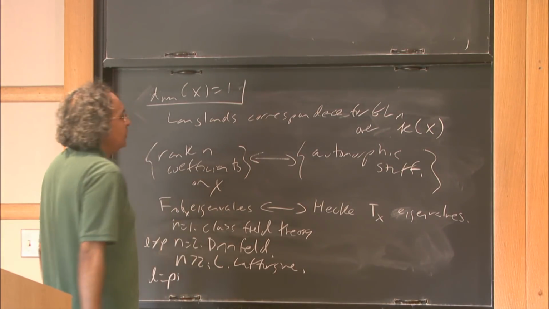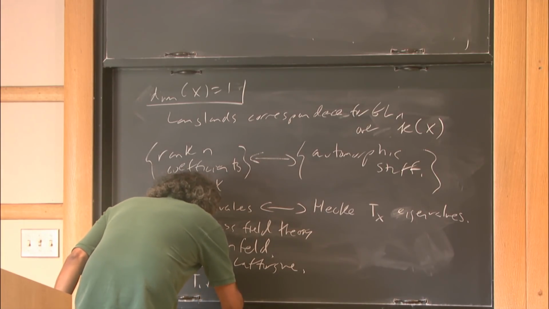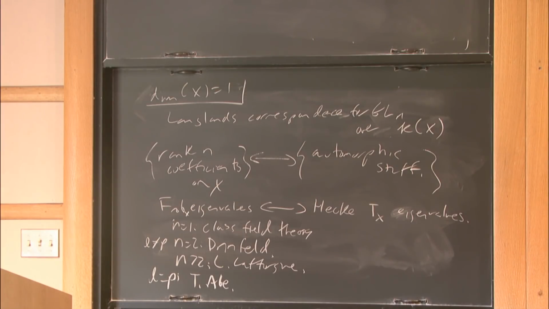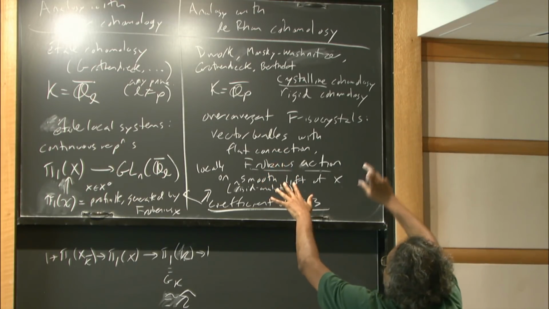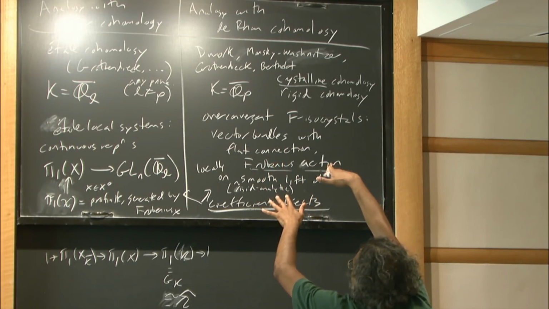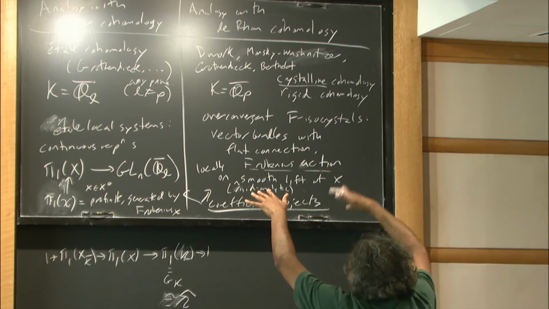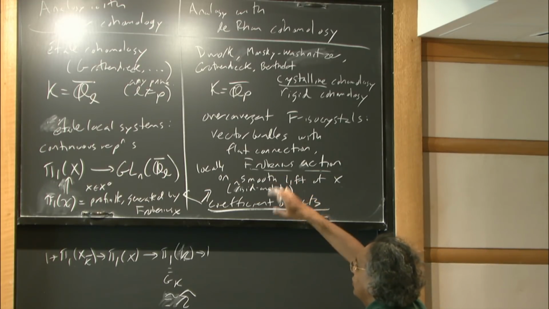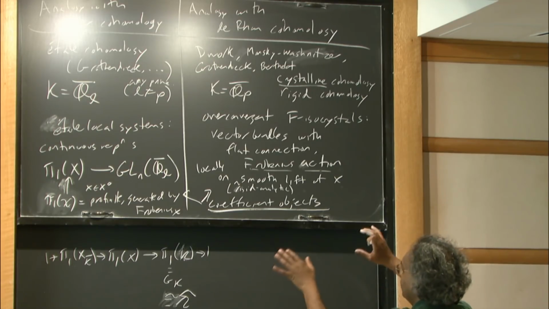And l equals p. I should say that this parallel I wrote on the board, I wrote it as parallel, but if you think chronologically, then these boards become quite shifted, because while Dwork's work actually predates étale cohomology, subsequent developments in p-adic cohomology have lagged behind étale cohomology for various reasons that I won't go into right now.